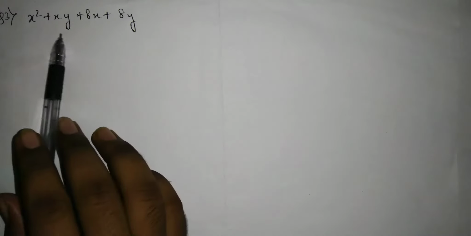How to identify which method you have to use for some particular question? That is the main thing here. See here. If I go by the method of taking common factors, you can observe that nothing is common between all the four terms.